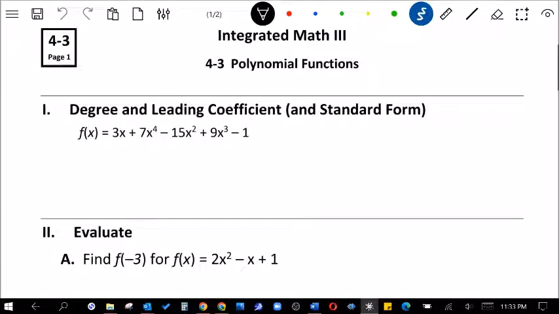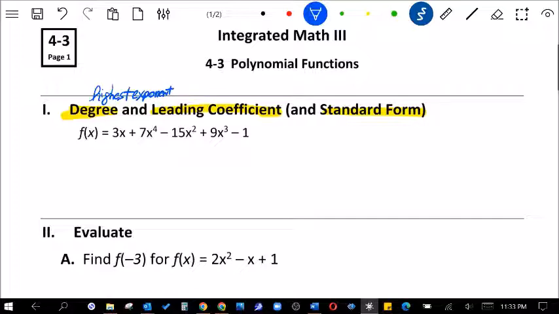Welcome. Let's take a look at some polynomial functions, specifically some vocabulary about leading coefficient in standard form first. The degree of a polynomial is the highest exponent. Highest exponent.